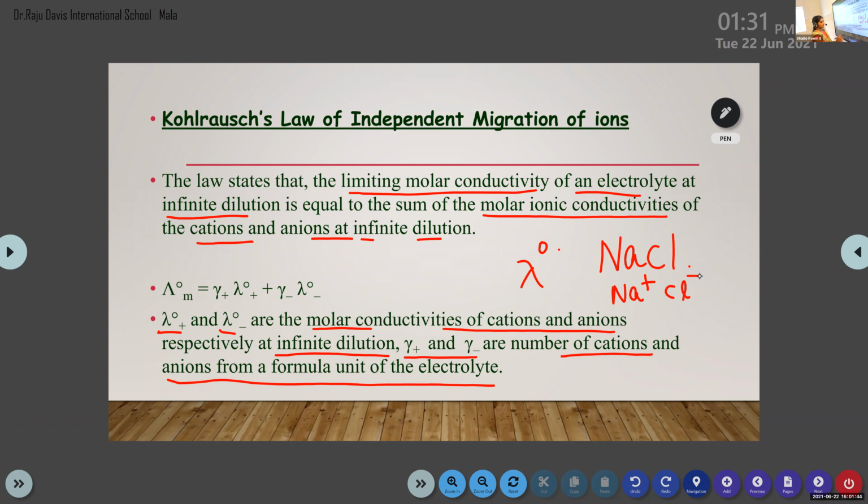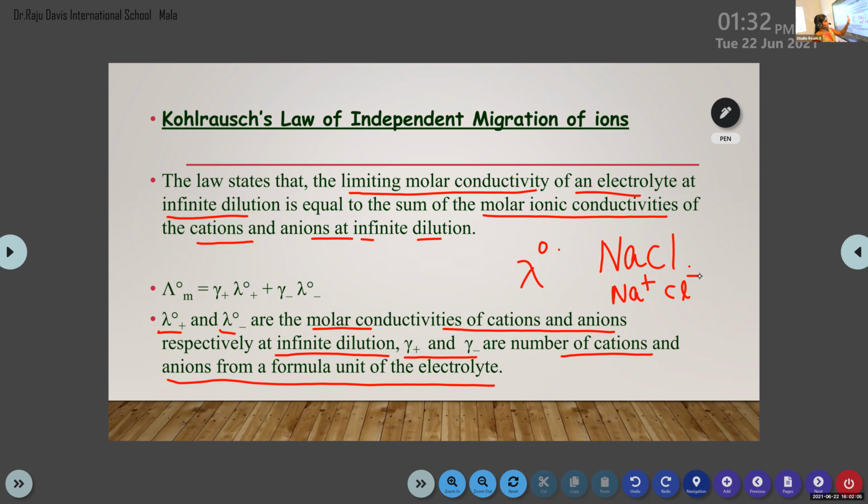So here you have to write down the molar conductivity at infinite dilution of sodium and chlorine, and the number of cations and anions, here it is 1, because the charge of Na is 1 and the charge of Cl minus is 1. So only 1 cation and 1 anion is there.